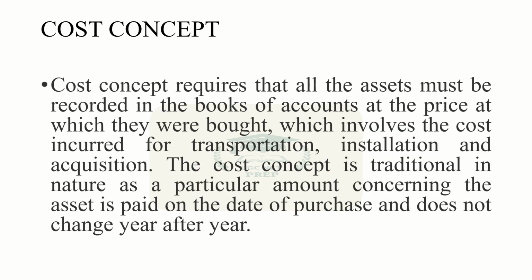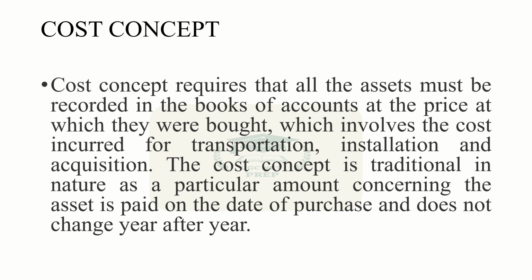The cost concept states that an asset recorded in a business is always recorded at the amount at which it was purchased. If we are purchasing an asset, such as a computer, we buy it at a certain price.